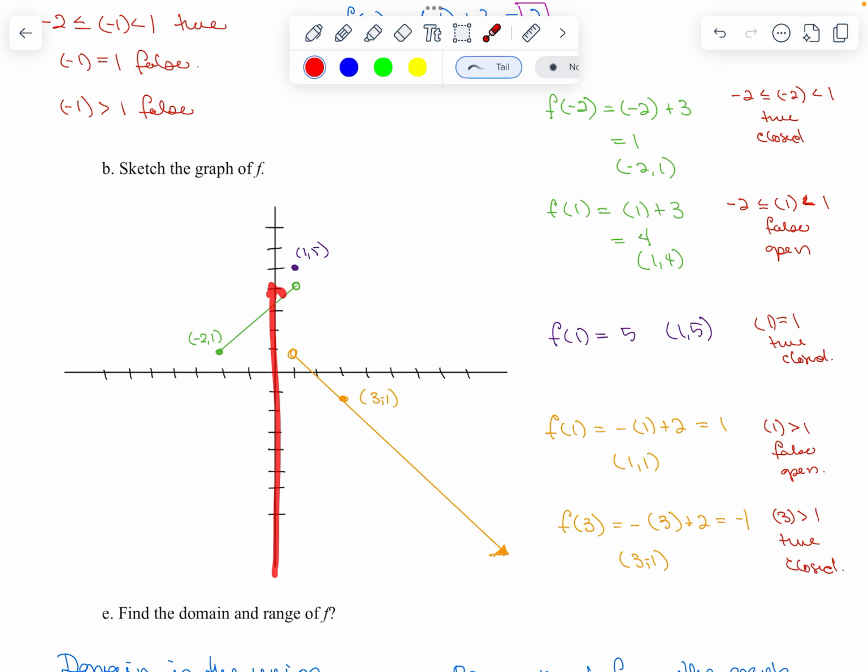Do you see the gap between 4 and 5? Remember, we're looking at these values, the vertical values, y values. We have this gap. So I'm not going to say I have from negative infinity up to 5, but I have actually from negative infinity up to 4, and then I have 5 included.